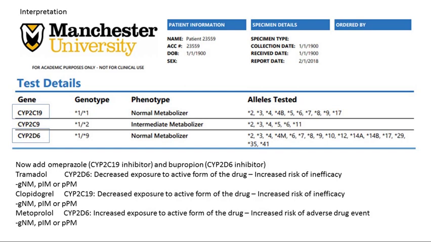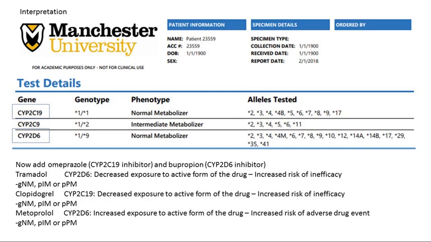But when we looked at the patient's list further, we saw that on omeprazole, a CYP2C19 inhibitor, and bupropion, a CYP2D6 inhibitor, a strong inhibitor. So now we've got phenoconversion expectations of CYP2D6 being converted maybe to, again, phenotypically, that's what the P stands for here, to an intermediate or poor metabolizer from their genetically normal metabolizer.